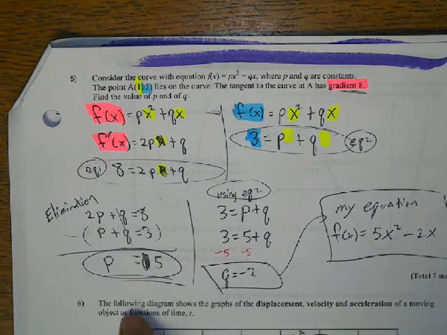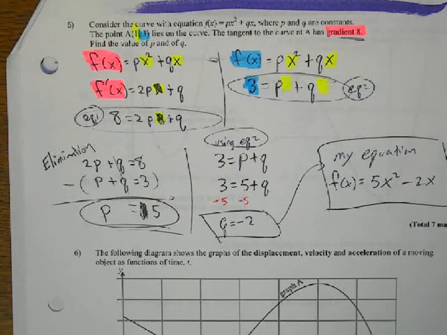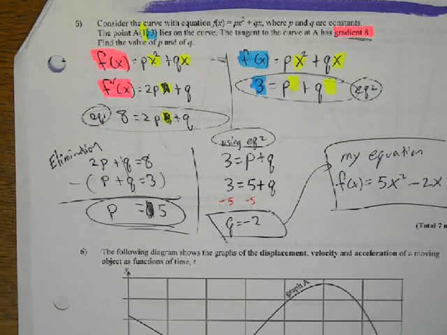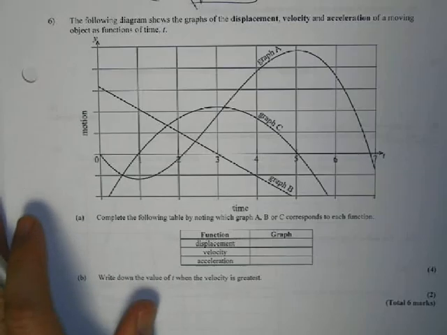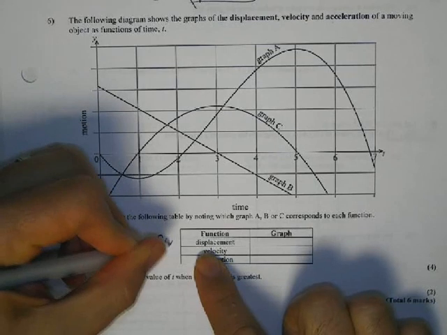The following diagram shows graphs of displacement, velocity, and acceleration. Okay, so complete the following table by noting which of A, B, and C corresponds to which function. So displacement is where a thing is located, so that's f of x.